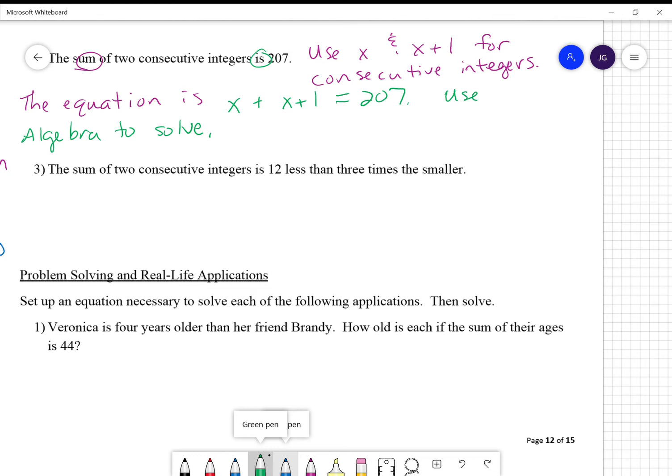Okay, for number 3, again I have the sum of 2 consecutive integers. Use x and x plus 1 for my consecutive integers.